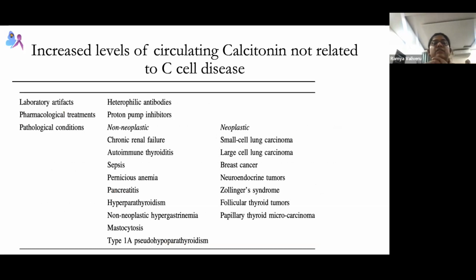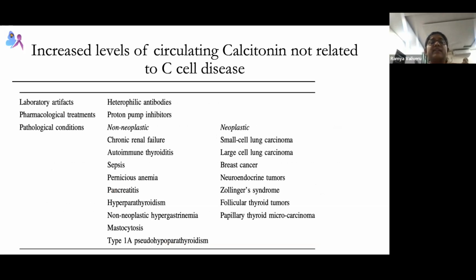Increased levels of circulating calcitonin unrelated to C-cell disease itself could be because of many reasons. Non-neoplastic reasons like renal failure, autoimmune thyroiditis, sepsis, pancreatitis, hyperparathyroidism, non-neoplastic hypergastrinemia, and some allergic conditions.